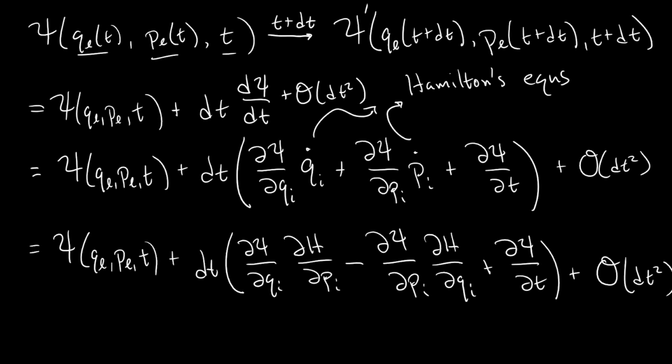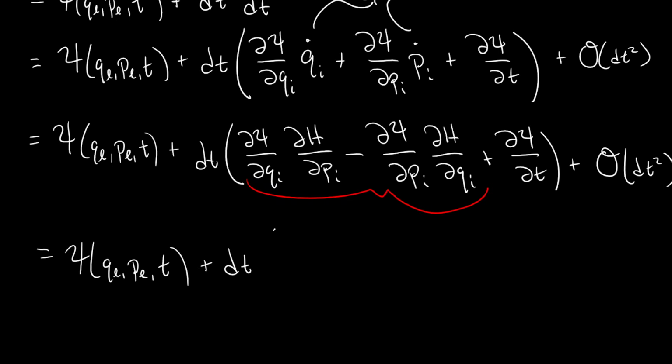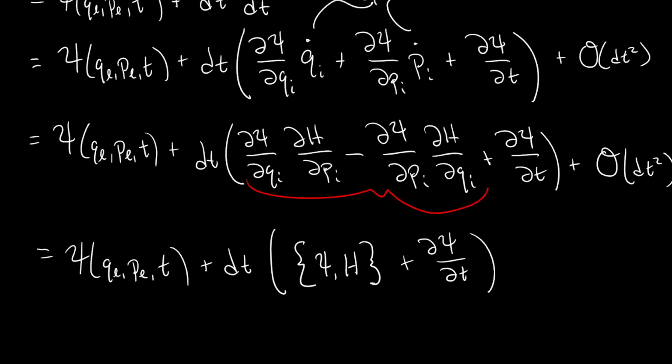So what do we notice? We notice this term here looks a little bit familiar. And in particular, that's just our Poisson bracket showing up again. And more exactly, it's our Poisson bracket between our function and the Hamiltonian, psi comma H, plus d psi dt.